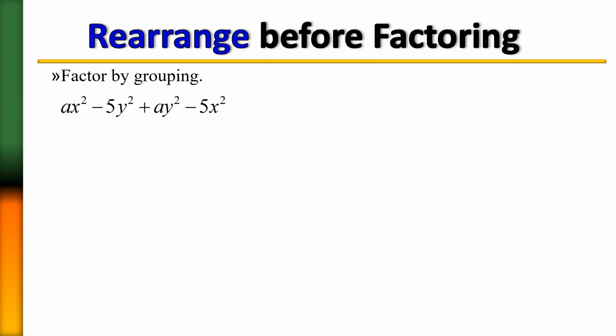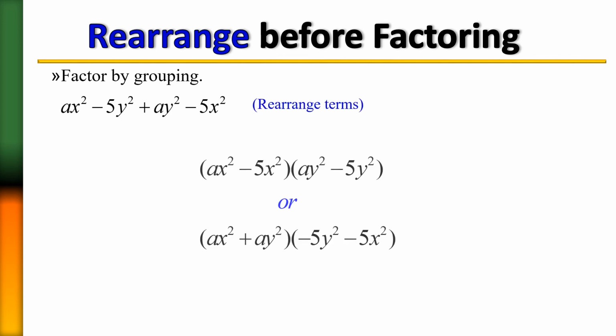In rearranging them, it doesn't matter the order as long as you pair them with a term that they have something in common with. So to rearrange it, you can rearrange it either way. You can pair the x squared terms with the x squared terms and the y squared with the y squareds. Or you can pair the a's together and then pair the negative 5's together.